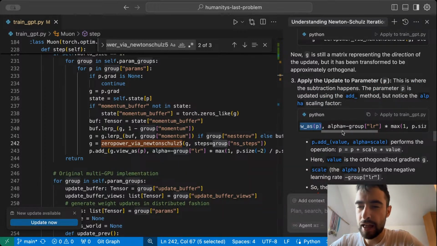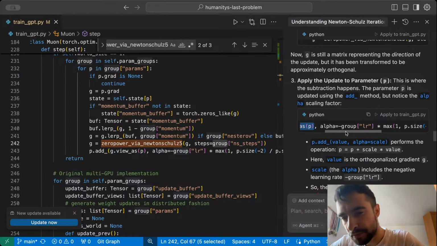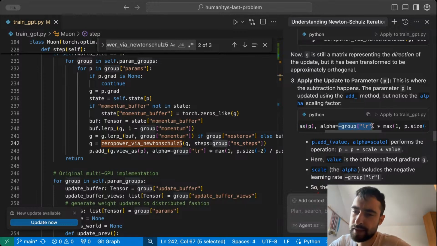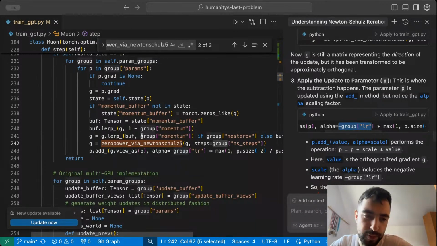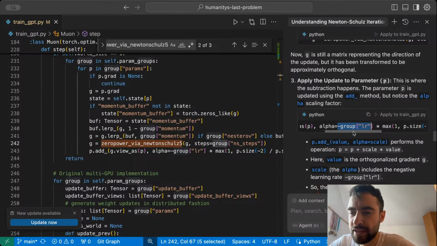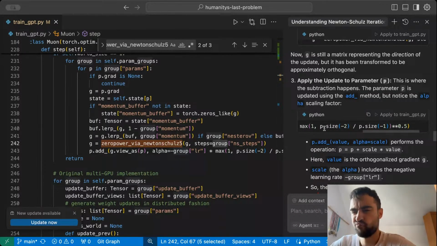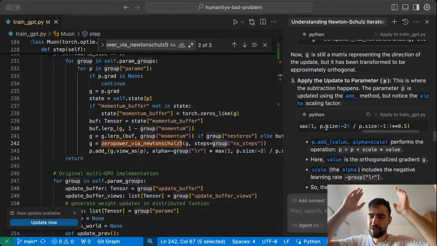Alpha group learning rate. Subtracting the learning rate. But what is this group? Okay, so subtracting the learning rate times the maximum of 1 and parameter size to the second power. What is this?